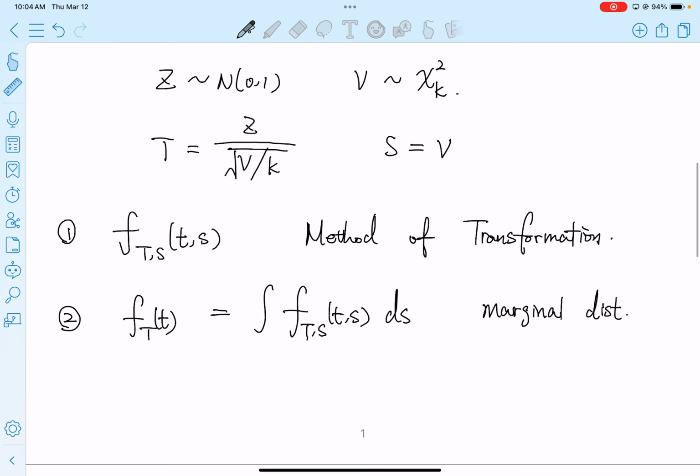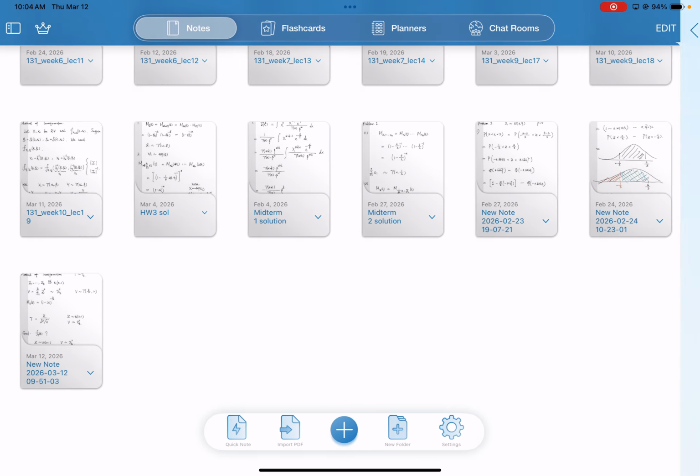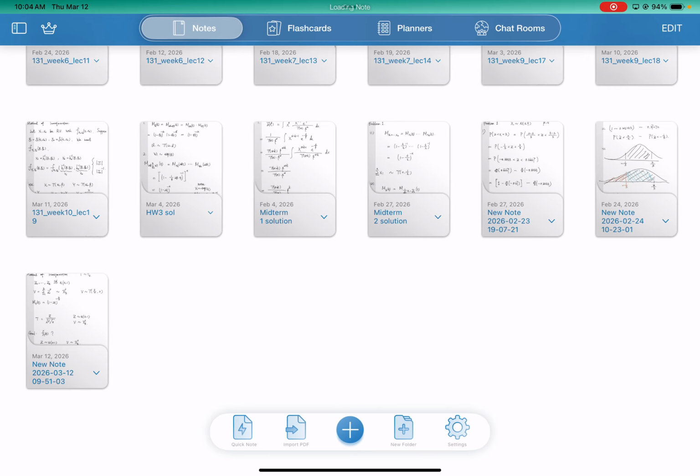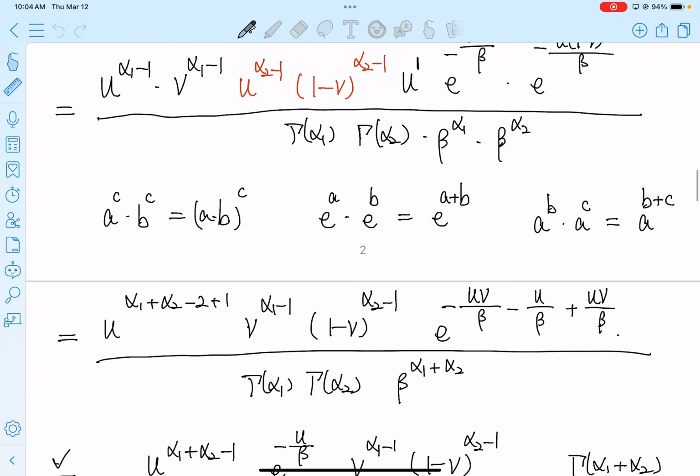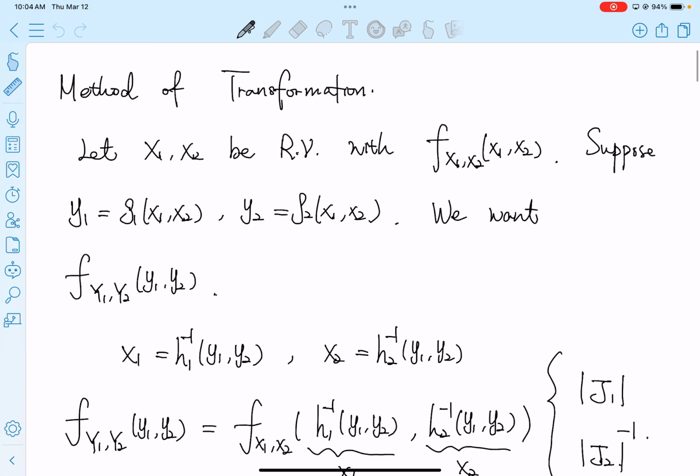Yes? What's the point of letting S equal V? Just for simplicity, and it will be easier to perform the integrations later. Let me show. To use the method of transformation, you need to have your original random variables, so this is the z and the v here.